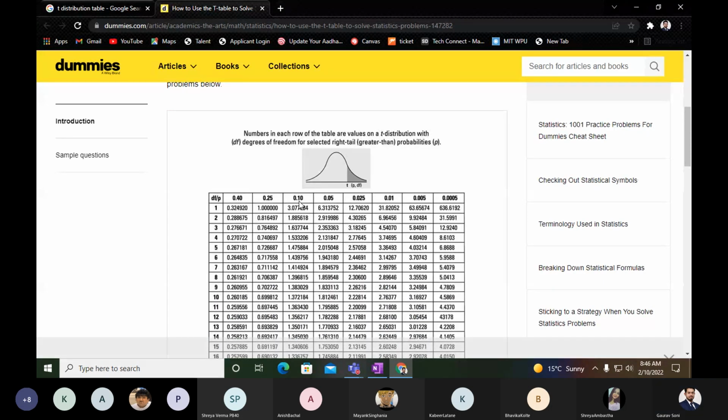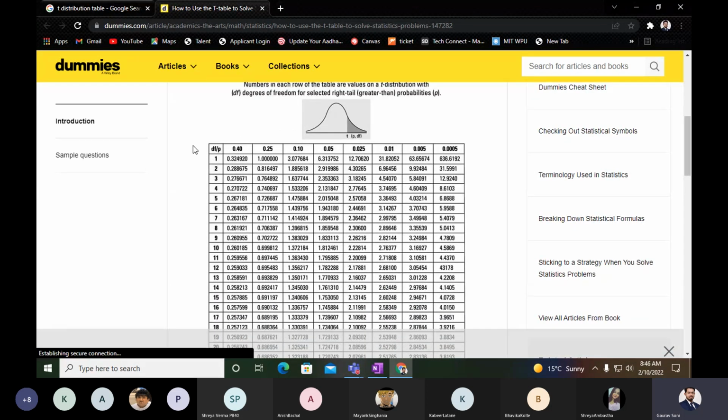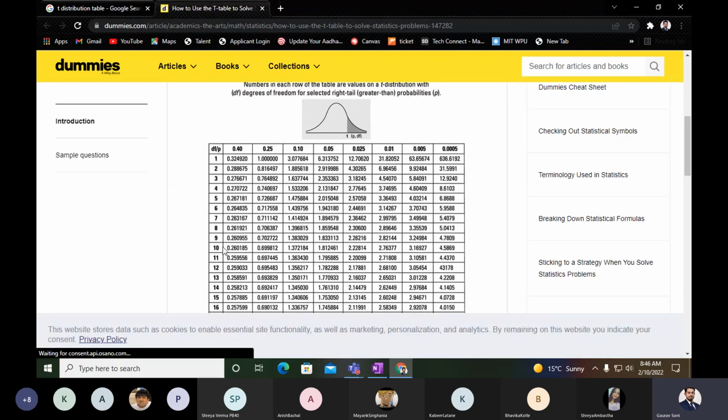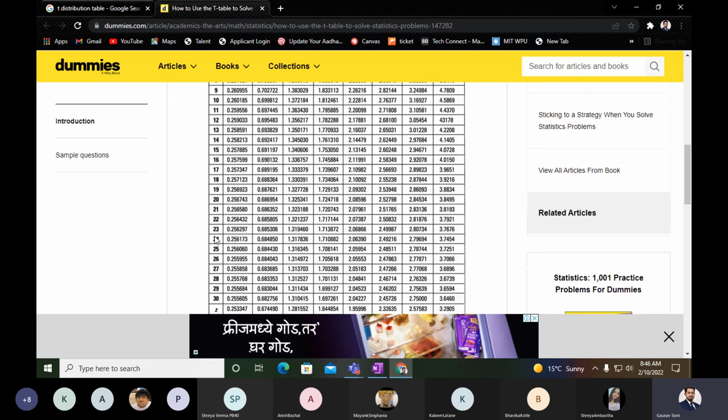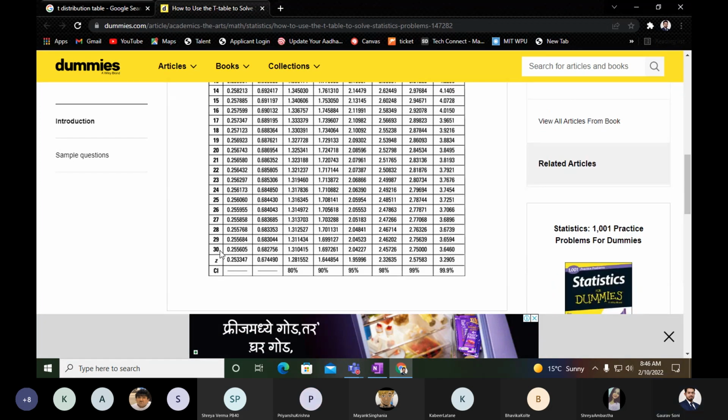So see, the distribution with degrees of freedom. The left hand side represents the degrees of freedom: 1, 2, 3, 4, 5, 6. Look, till 30 it is given.